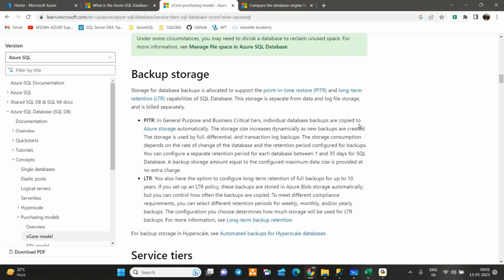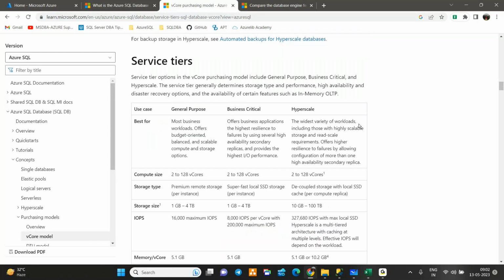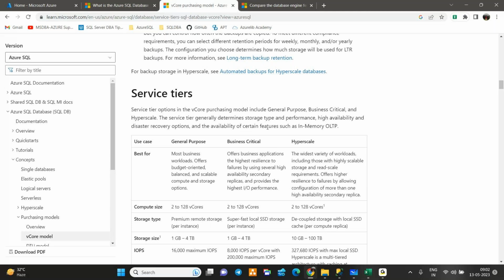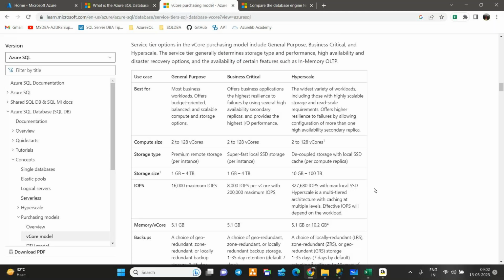Now, when you go to the limitations, Microsoft has mentioned a lot of stuff. These charts are very important, where you will get to know all the information. For Azure SQL Database with the vCore purchasing model, you have General Purpose (GP), Business Critical (BC), and Hyperscale.